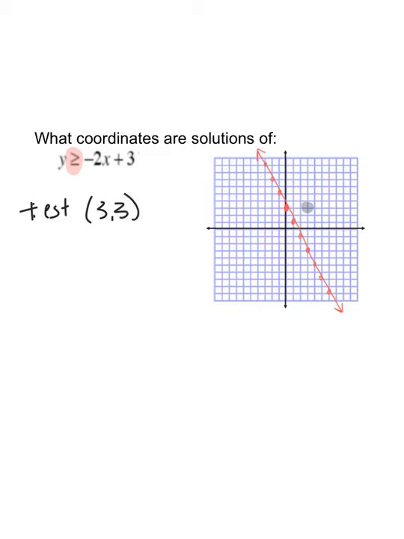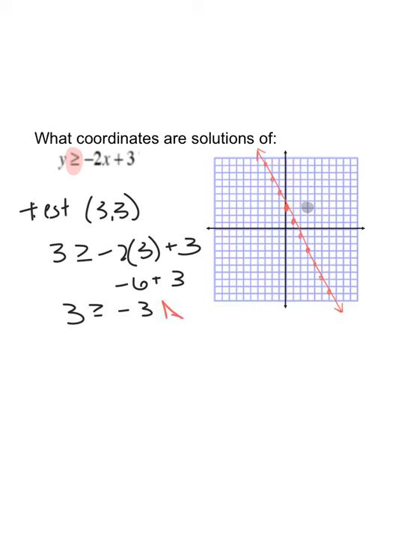So for y we're putting a 3, for x we're putting a 3. We multiply, negative 6 plus 3 would be negative 3. And we're wondering, is 3 greater than or equal to negative 3? Yes, that is true. So this point is a solution.